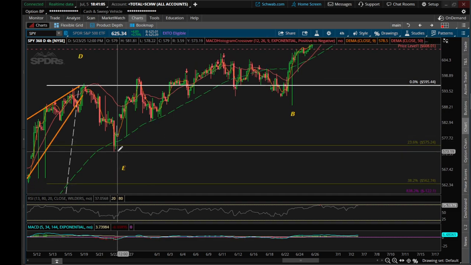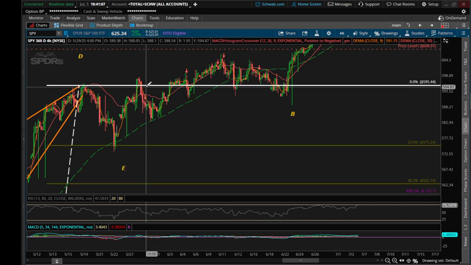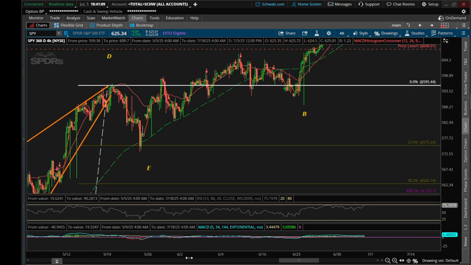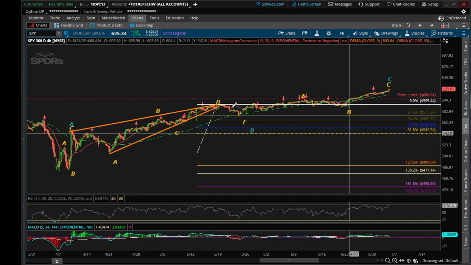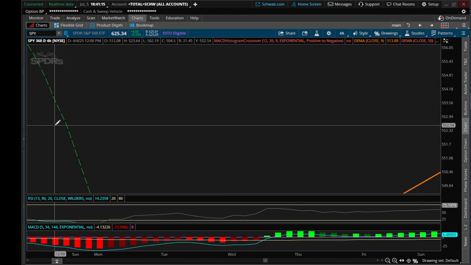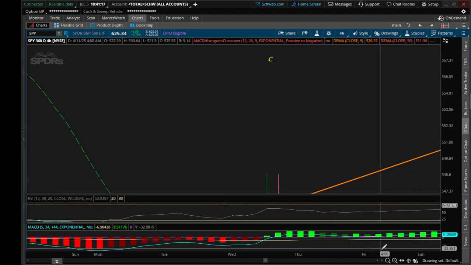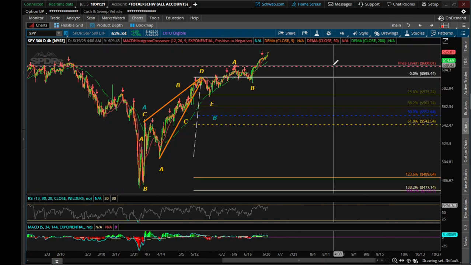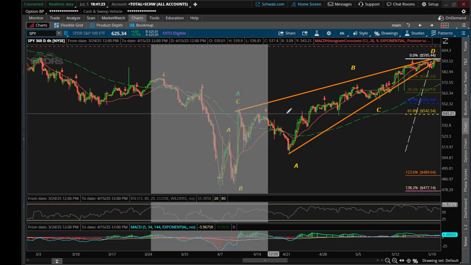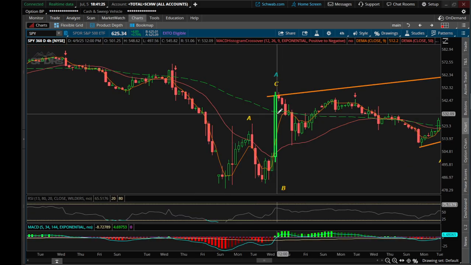So here's the false breakout of the triangle. We pop up. We don't really get that impulse I was talking about there. The impulse was previously here. This impulse.